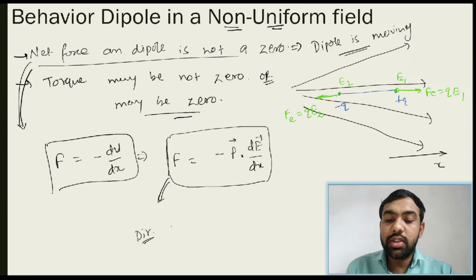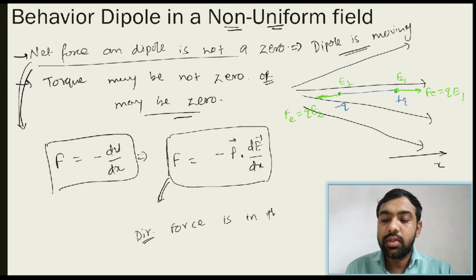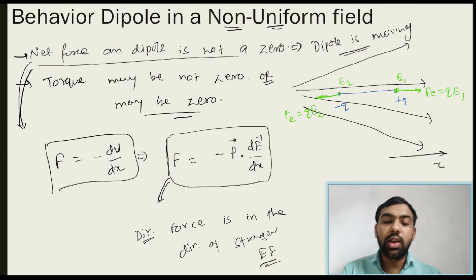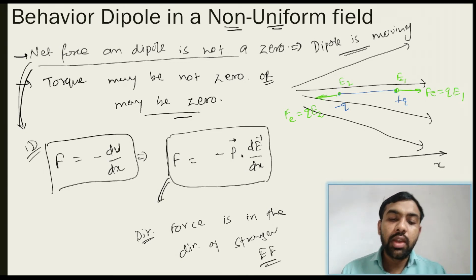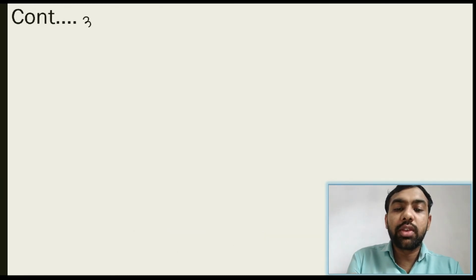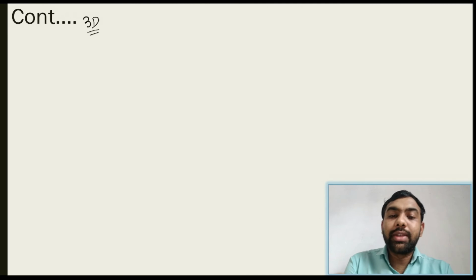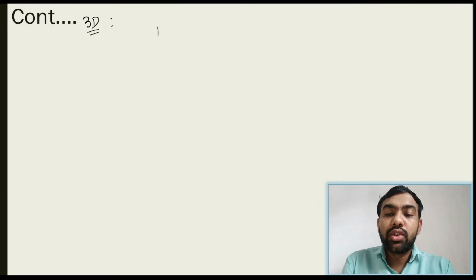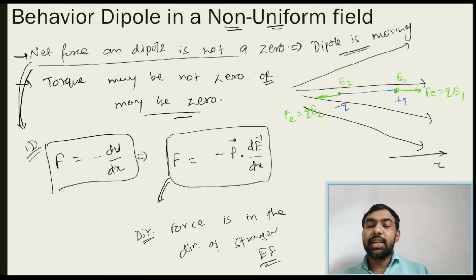So force is in the direction of the stronger electric field. Okay, but this is only for one dimension. If it is in 3 dimensions, then it's very simple. See, in 3 dimensions आप ऐसे फाइंड कर सकते हो डायरेक्टली. So force is equal to F. See, x, y and z, here we consider that.